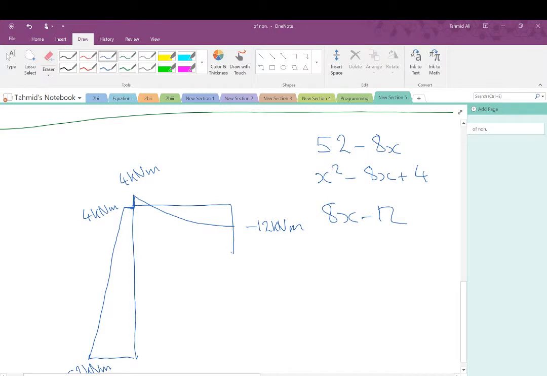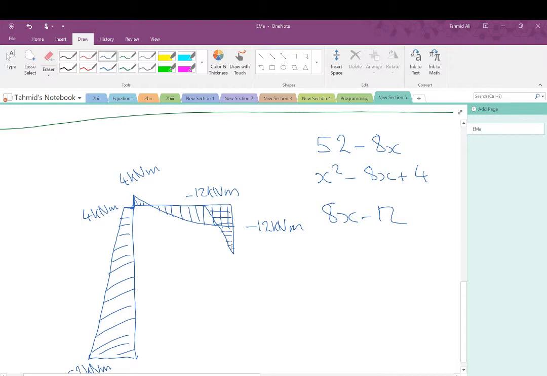So you know the bending moment at the end of any beam is equal to 0, so it's going to be the same thing. So this point is also minus 12 kilonewton meters. It helps to do this, just to indicate where your bending moment is acting. I think it's just convention.